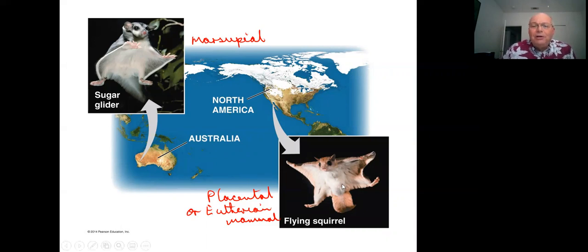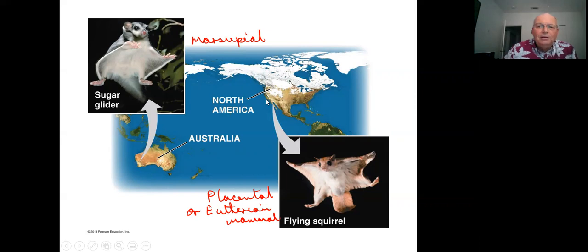The ancestors of the flying squirrel, however, evolved in a northern large continent called Laurasia, which consisted of North America, Europe, and Asia. Australia was part of a larger southern continental mass called Gondwanaland that consisted of largely Australia, Antarctica, and South America.